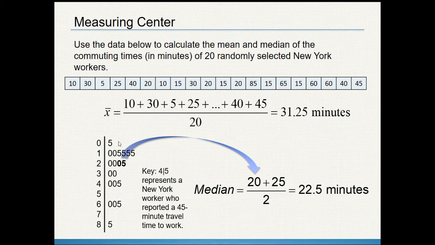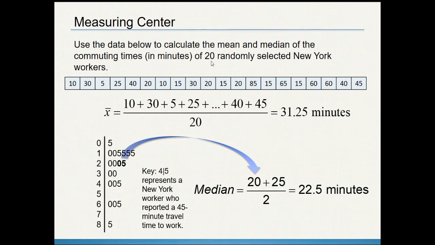So you would mark off 5, you would mark off 85, you'd mark off 10, you'd mark off 65, you'd mark off 15 and then 60, and 15 and 60, and 15 and 45, and you just keep going until you get to the very middle, which would be the 10th set. Let's think about this another way. There are 20 observations here.